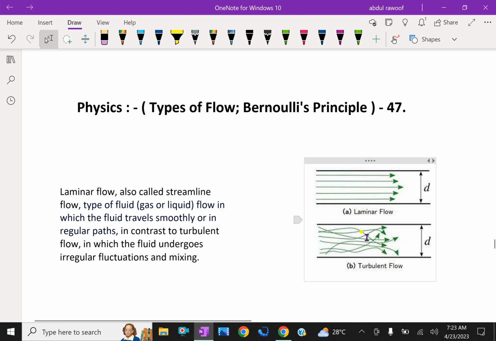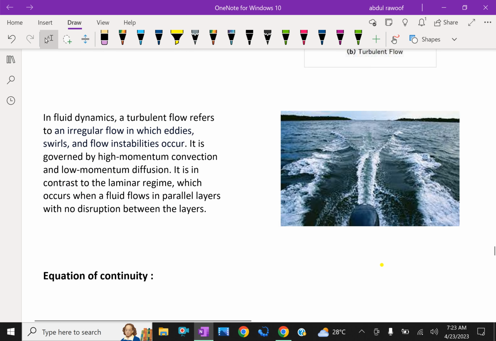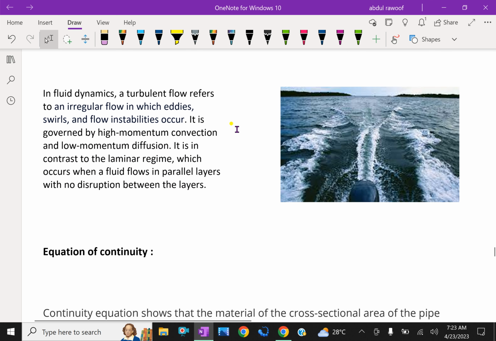Turbulent flow is mixing of layers and fluctuation of the layers. In fluid dynamics, turbulent flow refers to an irregular flow in which eddies, swirls, and flow instabilities occur. It is governed by high momentum convection and low momentum diffusion.